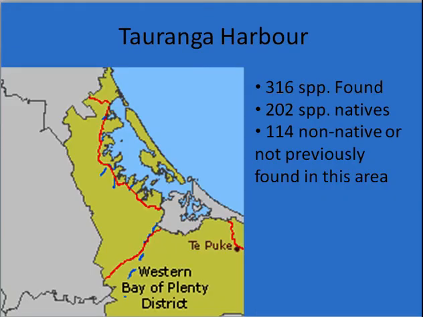In Tauranga Harbour, the same type of survey was done. This was in 2002 or 3. 316 species were found, 202 species native, 114 non-native or not previously found in this area. Again, it doesn't mean that they weren't always there, but they hadn't been noticed before.